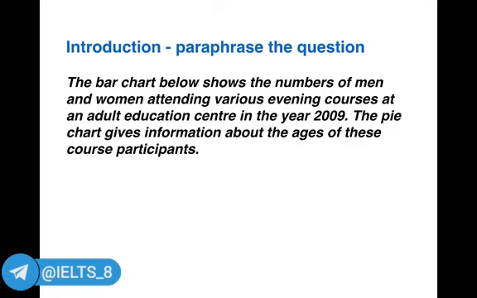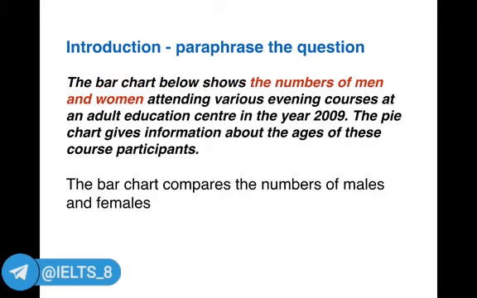Paraphrase the question. So we take the question again and we go through it section by section, changing what we can. We'll start then with the bar chart below shows, and I've changed that simply to the bar chart compares. Then the numbers of men and women, the numbers of males and females.